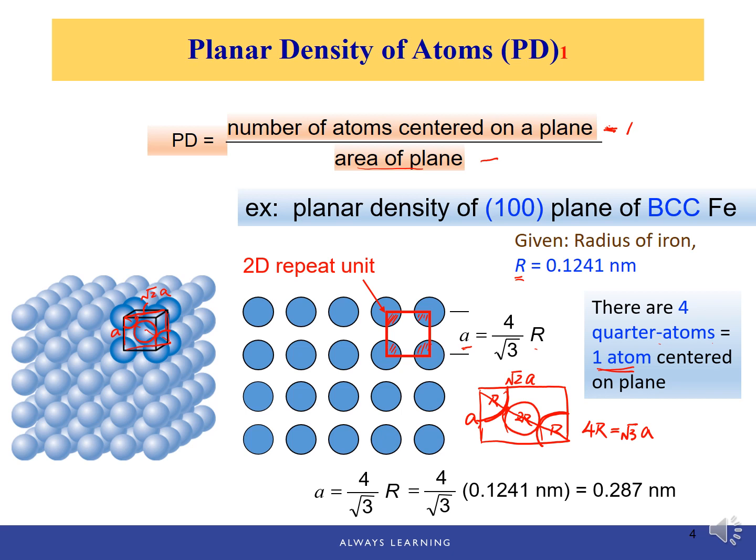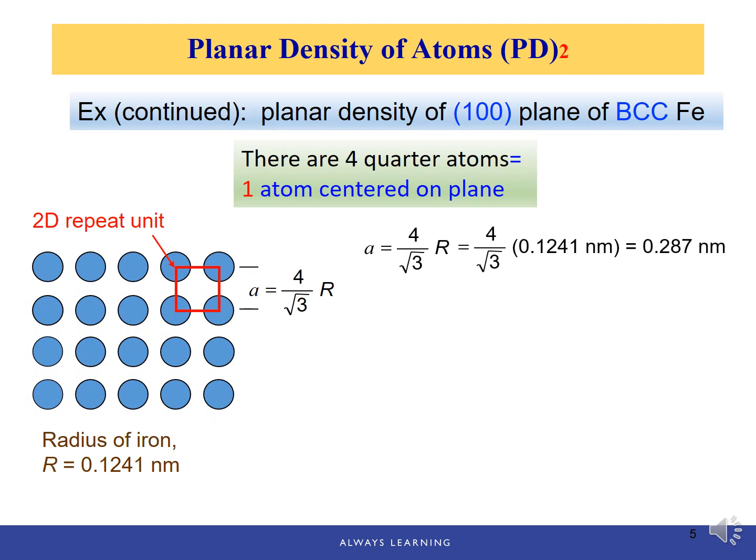From there we can solve a in terms of R. So a is 4R over square root of 3. And R is known. We substitute in the value, then we get the lattice parameter for BCC iron. And the area of the plane will be a squared.